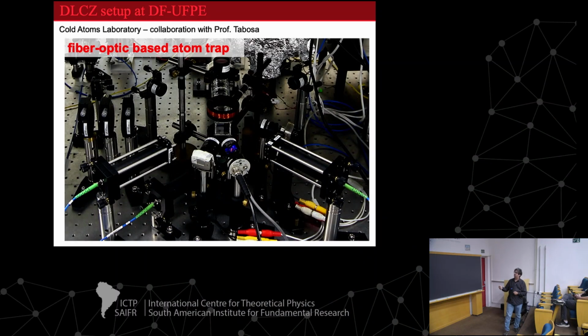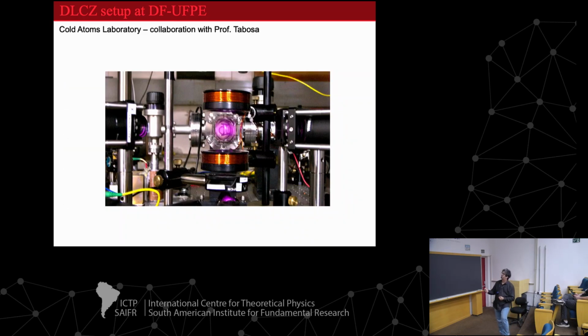And in this case, we need to have something that's as stable as possible. So here's a first generation of fiber optic-based atom trap. We are actually improving that recently. And this is just an image of our MOT.